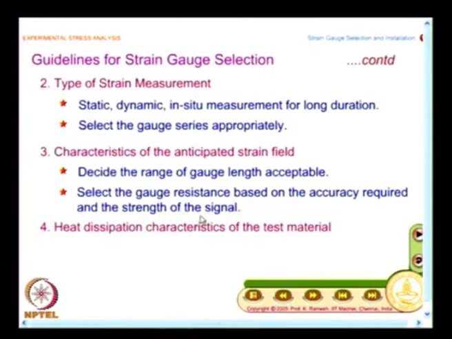So, this is where I said, when I am talking about strength of the signal, when you are designing a loading rig for you to test your component, you select the load in such a manner that at the point of interest you should be able to get at least 100 microstrain, because we have seen many of the installation aspects, like if you do not connect the lead wires as a 3-wire circuit, if you do only a 2-wire circuit, a small temperature change itself can give you an error of 156 microstrain.